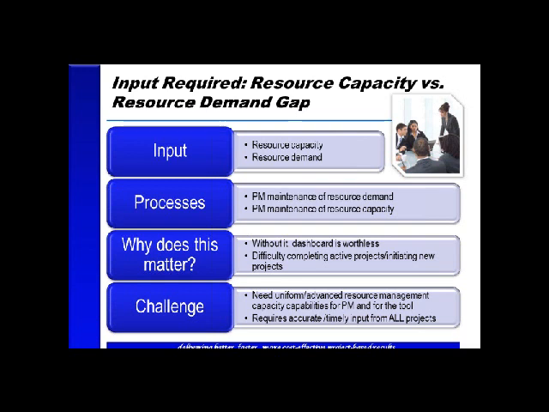The question is, is it accurate? So the challenge we have here is that we need uniform advanced resource management capabilities for the project manager and for the tool. We need the capacity and the capability of project managers to actually utilize the tool.